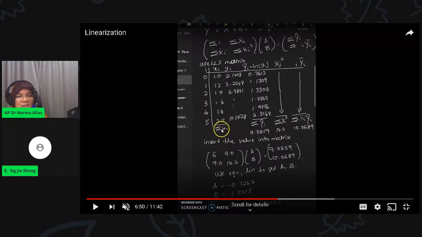All right, so in this case, this is not the final result because our function is an exponential function. This is only a transformation from the exponential function. This is the process of linearization.